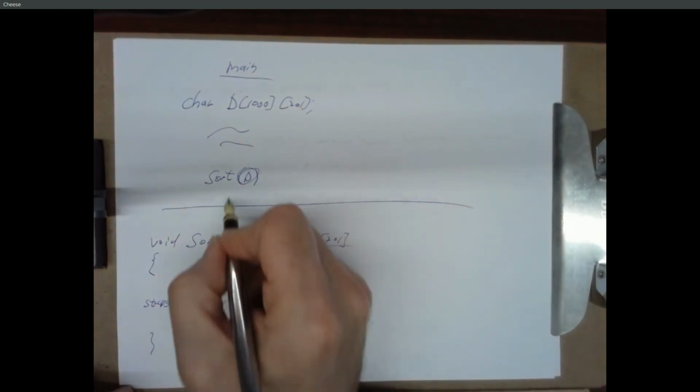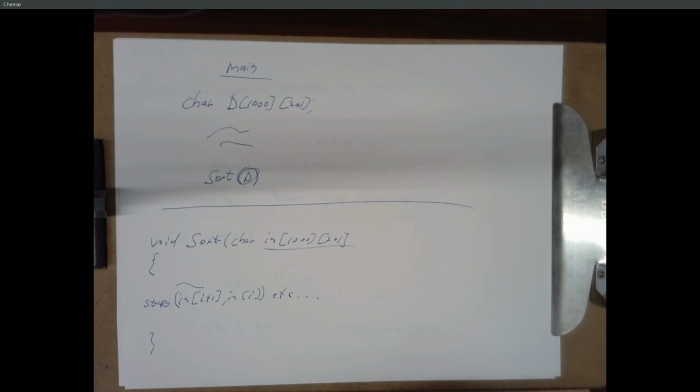When you come back, those changes have been made to D. Isn't that pass by reference? That's technically passed by reference, but it's passing the address of D by value. An array is like a pointer. So that's technically why.